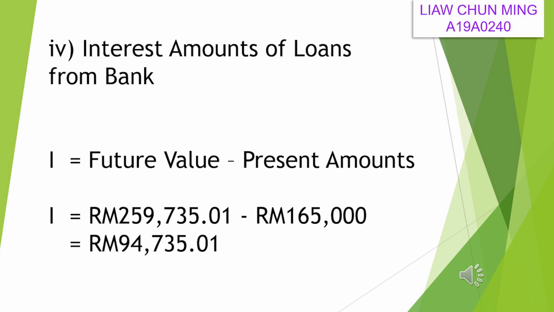Next is the interest amount of the loan from bank, which we get by using the future value minus the present amount, which is 259,735 and 1 cent minus 165,000. So we get 94,735 and 1 cent.